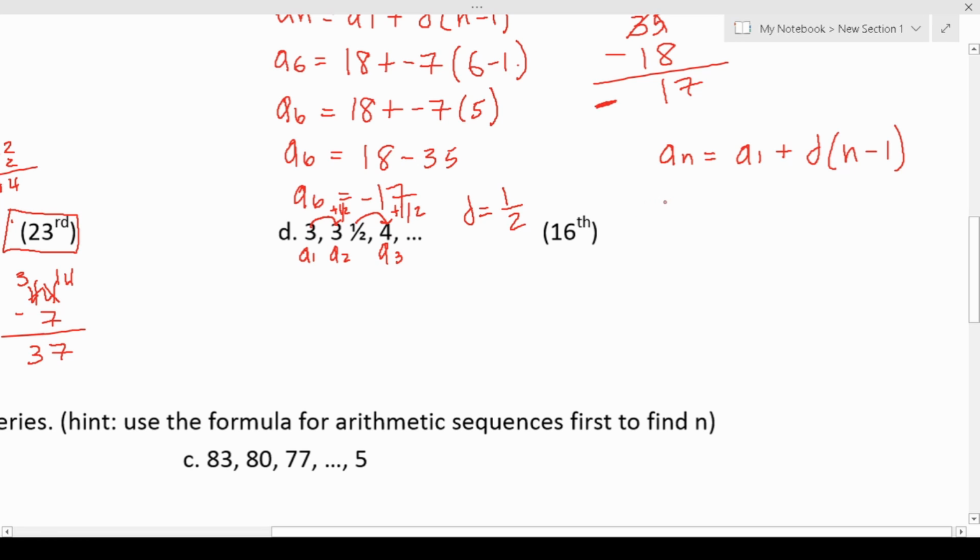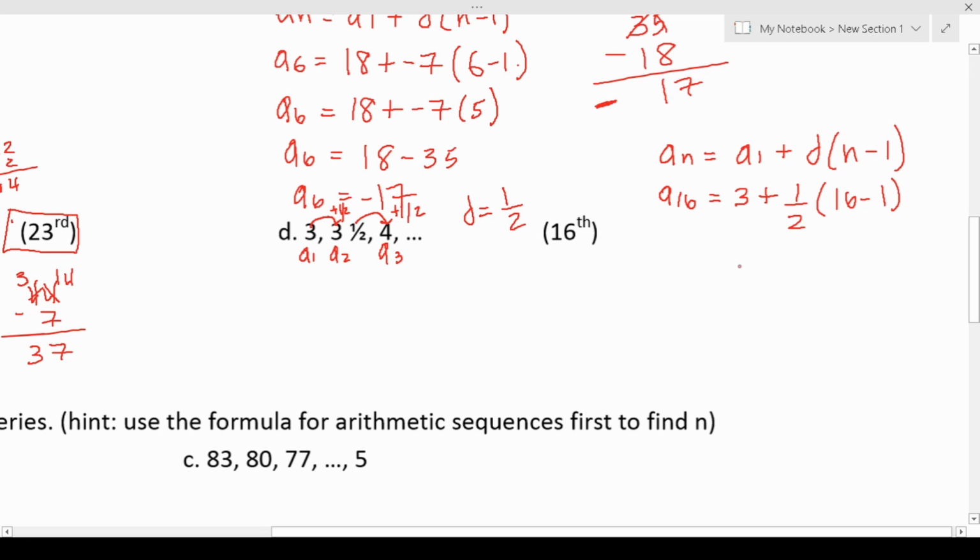So with everything identified, let's go ahead and plug things in. We're trying to figure out the 16th term in this sequence, so that's a16 equals a1. a1, that's 3, plus the common difference, which we figured out was 1/2, times n. n is again 16 minus 1.